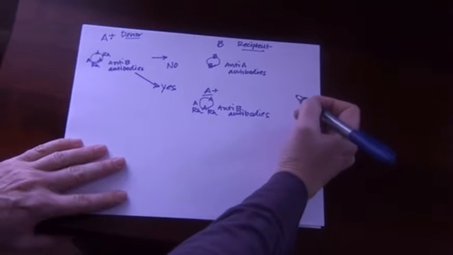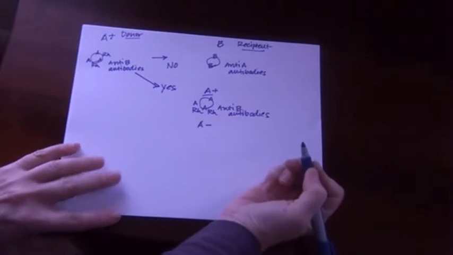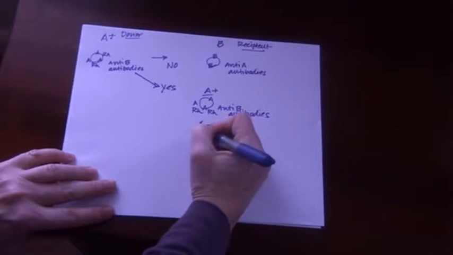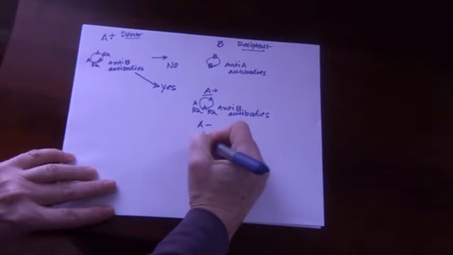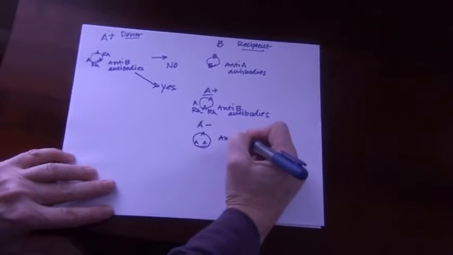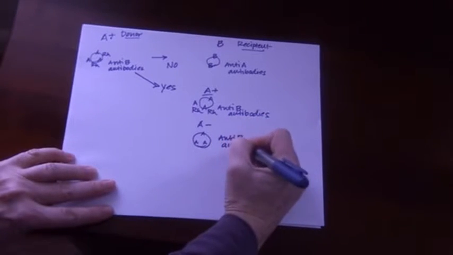But what happens when we have A negative blood? Okay, so A negative blood is going to have A antigen on the red blood cell. It's going to have anti-B antibodies.